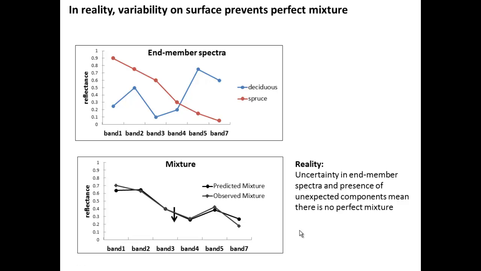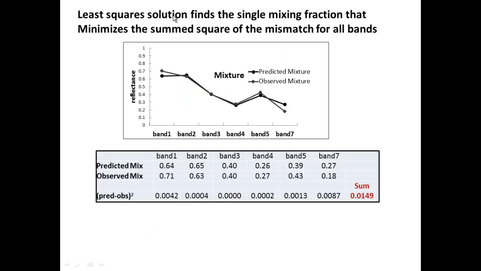And this is going to be done by a technique called least squares inversion. And what this technique does, it looks at what the predicted mixture would be for a given set of mixing fractions, and then it looks at the observed data. It calculates the difference between the predicted and the observed for each band and squares it.